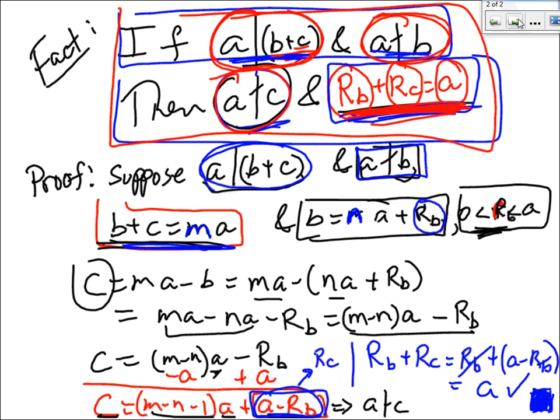That's already proved. Now, does the remainder of B plus the remainder of C always have to be A?